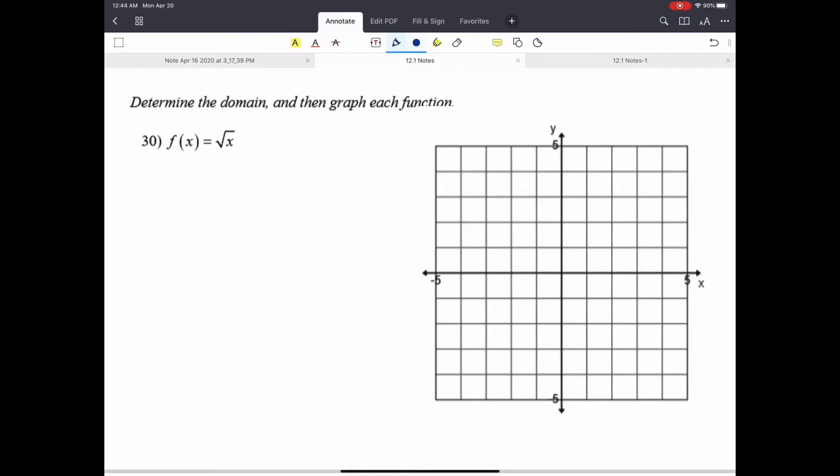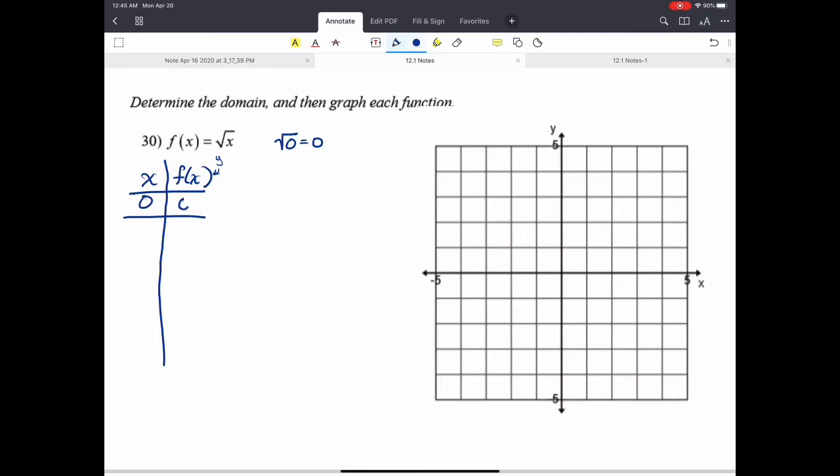Now a square root function, when you graph that, if I do an input-output table, I know that's usually x and y, but I'm going to put x and f of x. We all know that means y. If we put in 0 as our input, what's the square root of 0? Well, that's 0.